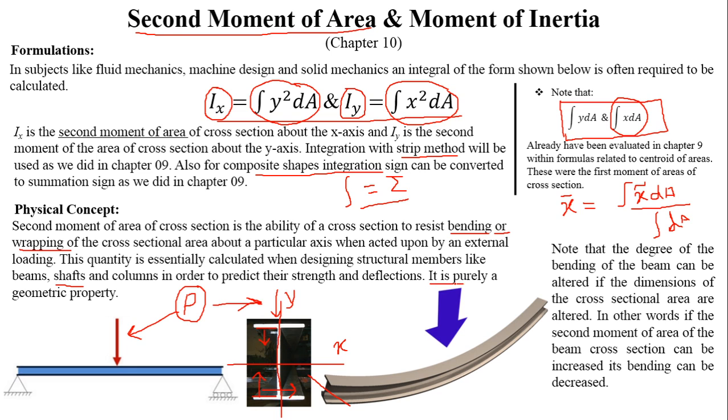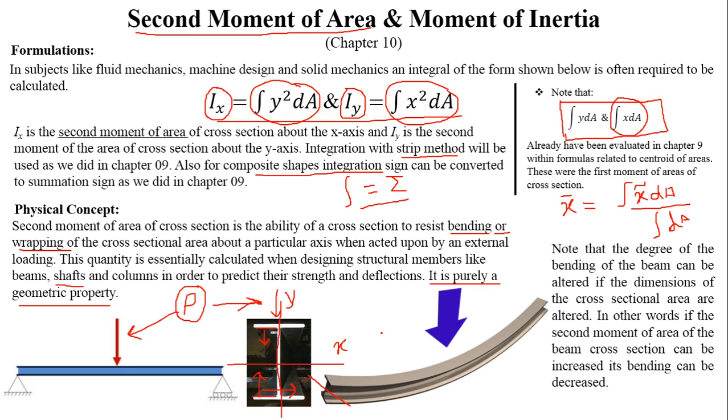It is purely a geometric property that depends upon the cross section. So as soon as you change the shape of the cross section, or its area, the second moment of area is going to change.